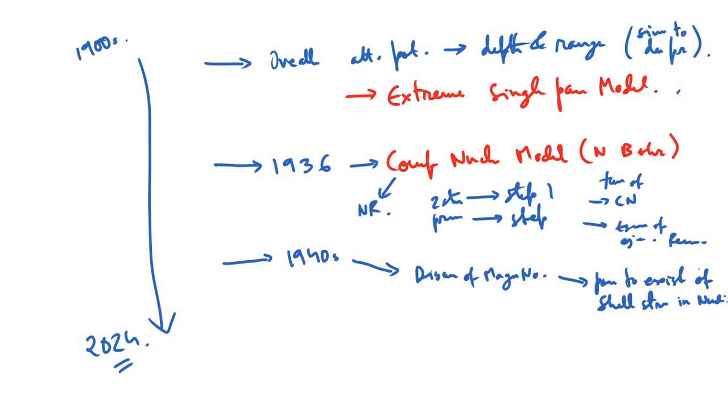Now, several attempts were made to find a model that could predict these magic numbers. So basically our attention was on the development of a model. A lot of people were working on it so that these magic numbers could be predicted.